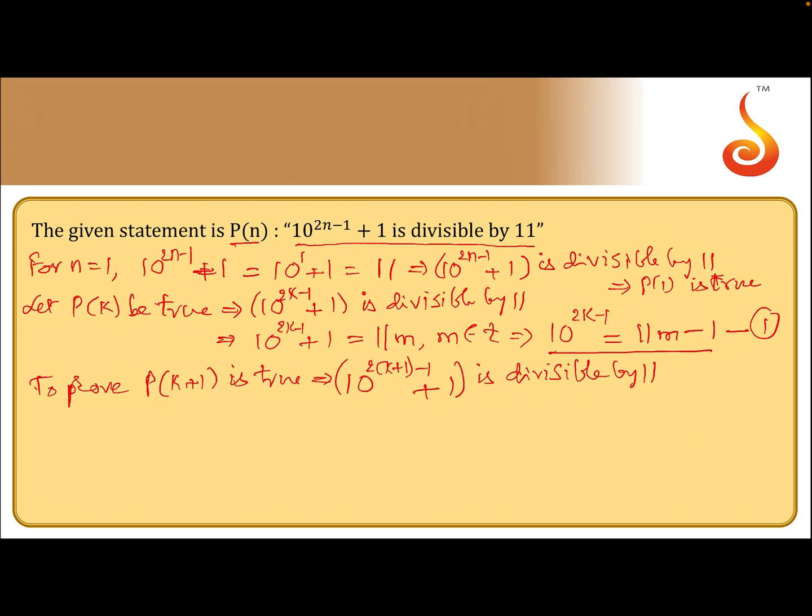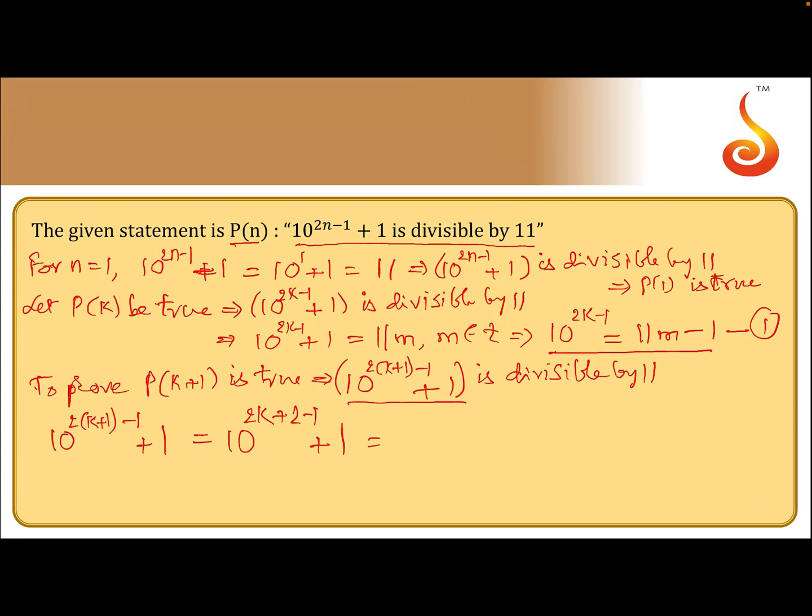So consider 10^(2(k+1)-1) + 1, which can be written as 10^(2k+2-1) + 1.